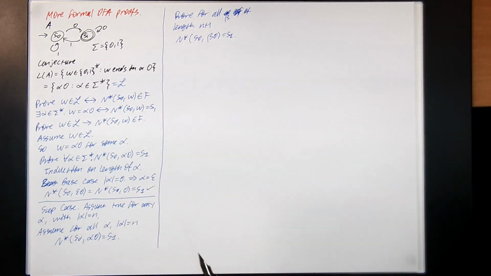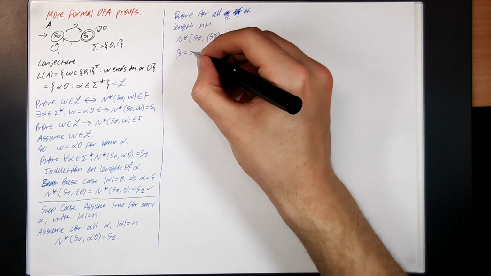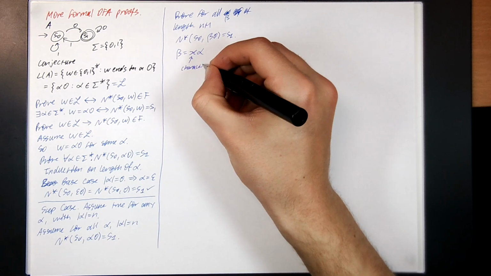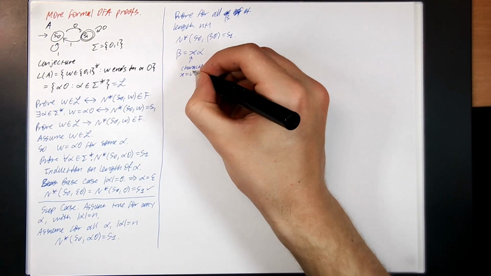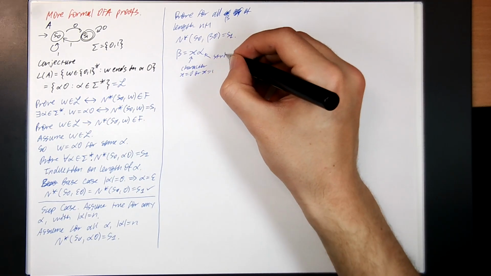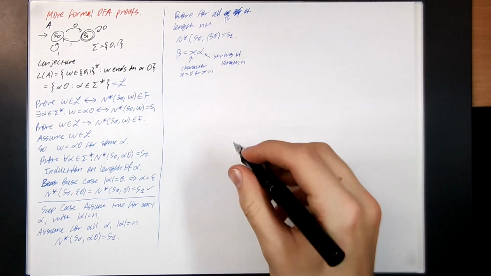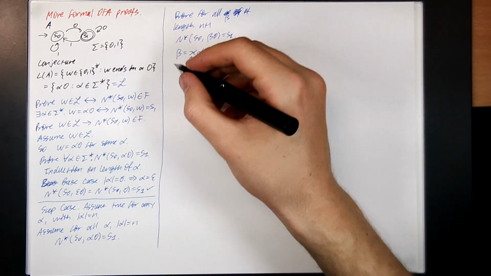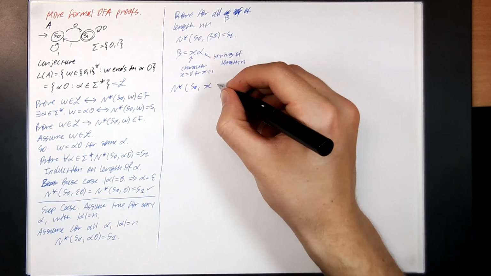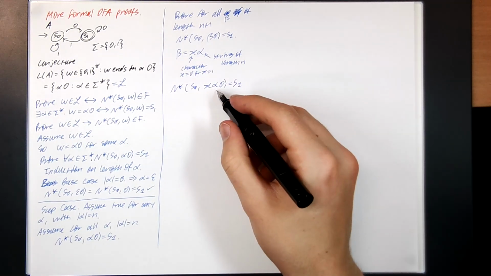Now if beta is a string of length n plus 1, that means beta is equal to x alpha, where x is a character, i.e. either 0 or 1, and alpha is a string of length n. And that's how we're going to try and weasel in our inductive hypothesis. So we can replace beta with x alpha 0.